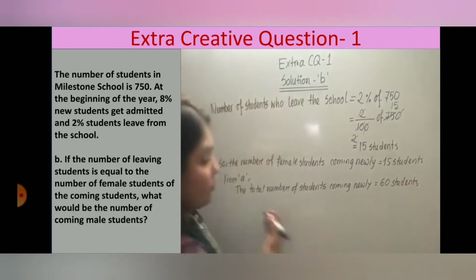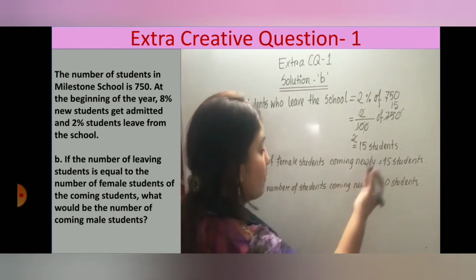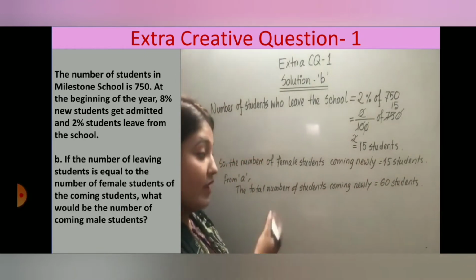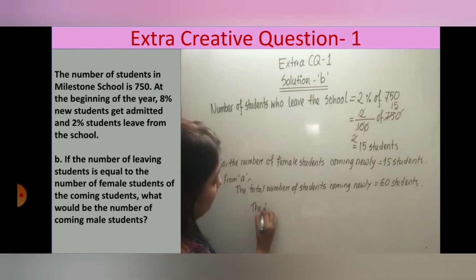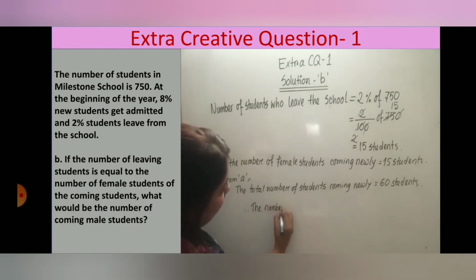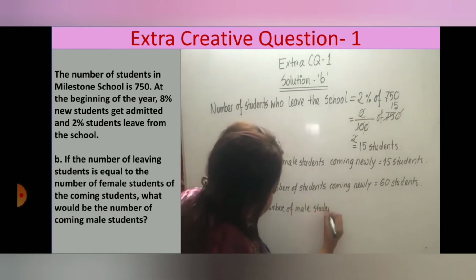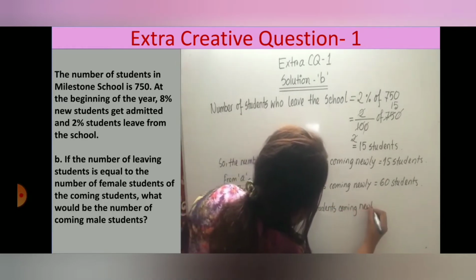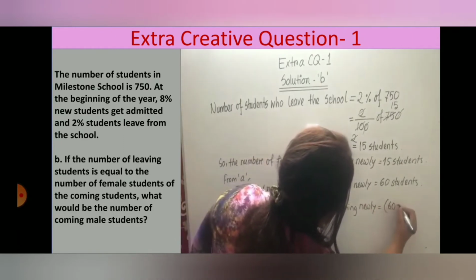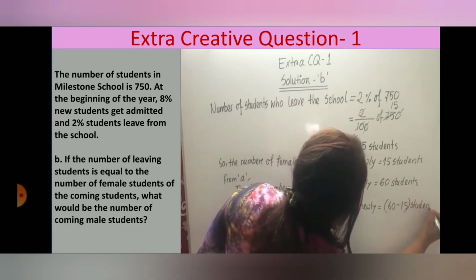So, as you know the total number of students coming newly to the school and the total number of female students coming newly to the school, can you find out the total number of male students coming newly to the school? Yes, you can do it. So the number of male students coming newly, that is from the total number of students you have to deduct the number of female students coming to the school, that is 15.